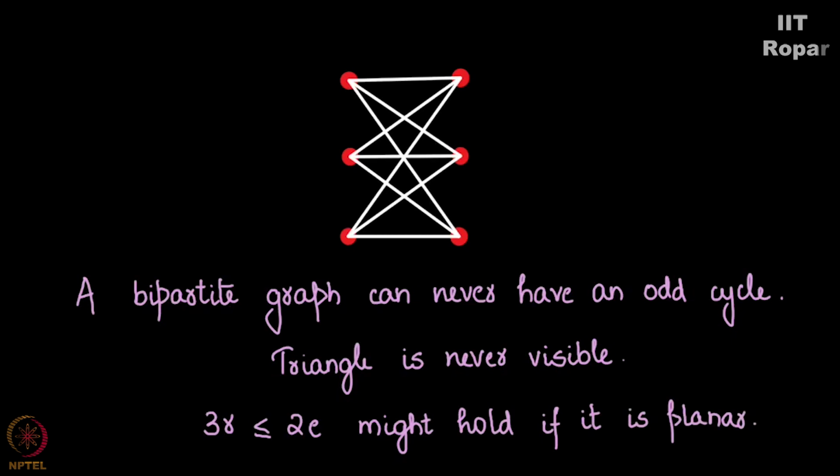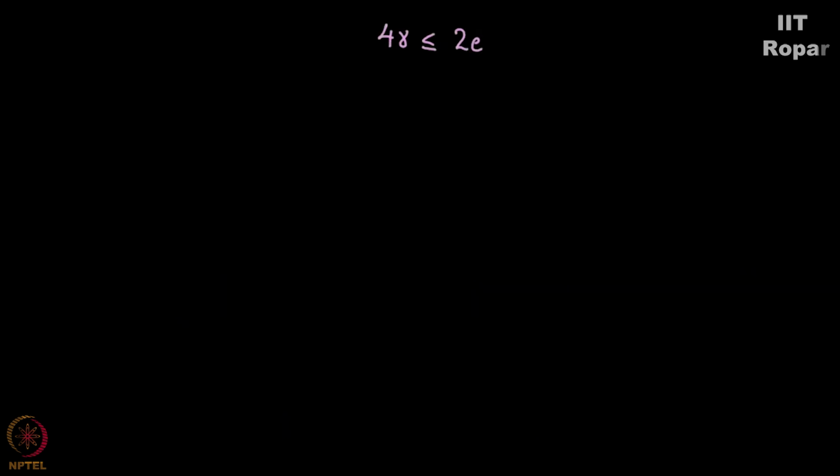But then 3r, you see how we got this in the previous proof? That's because every region was bounded by at least 3 edges. But in this case, we are sure that it is not just 3 but 4. Which means the entire theorem holds good, but we can indeed write this as 4r is less than or equal to 2e. Pause and think if it's not clear why this is true.